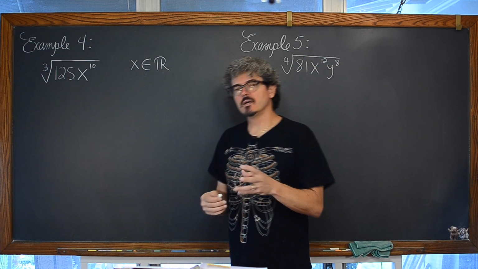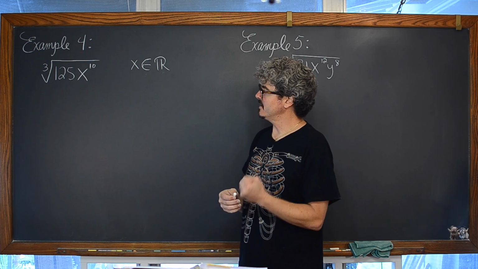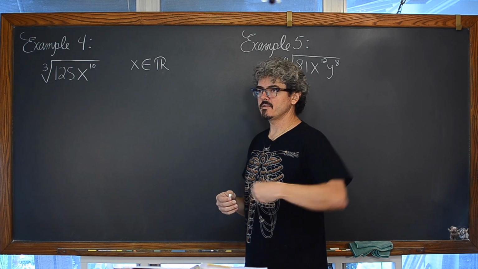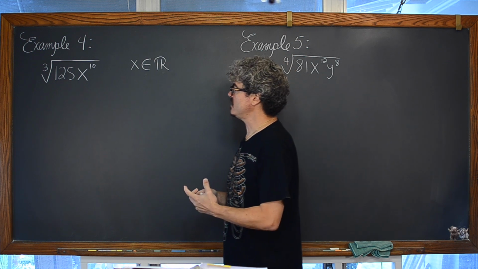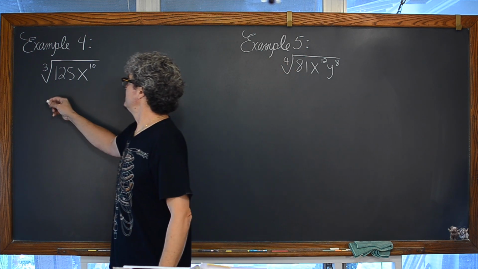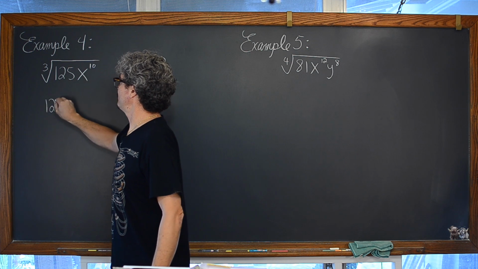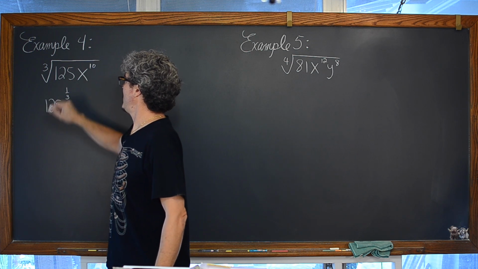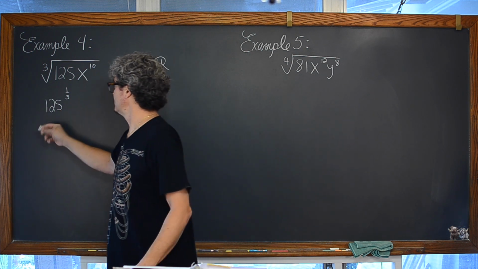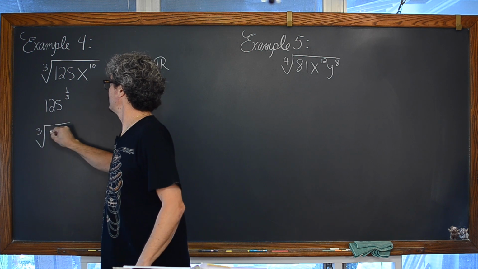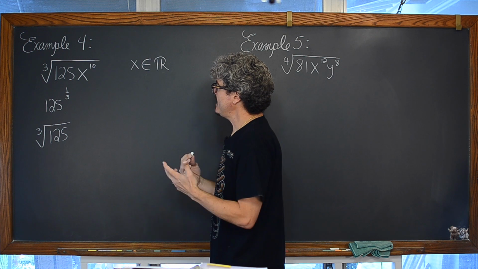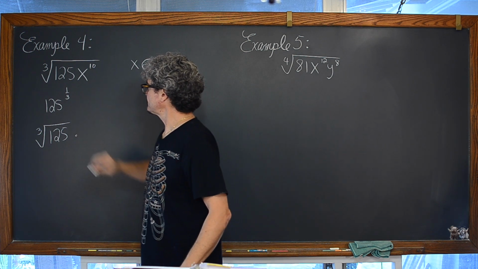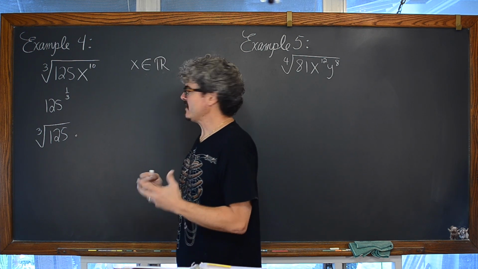So I like working with this problem in that fractional exponent, or rational exponent notation. So I'm going to write this as the 125 raised to the 1/3 power. If you prefer, you can write the cube root of 125. That's perfectly okay. And then we're going to multiply that by, actually we can use that property.